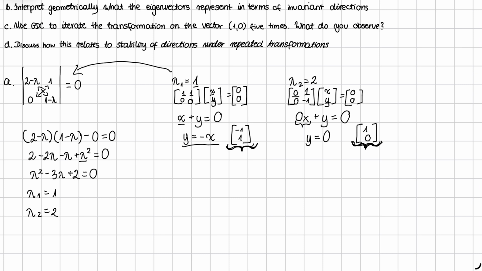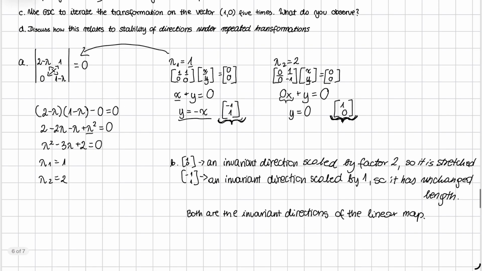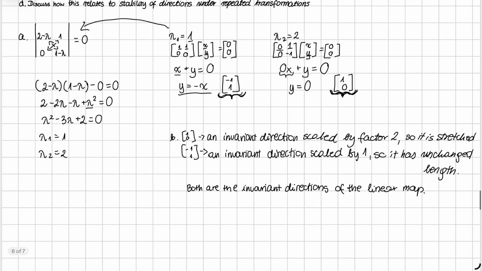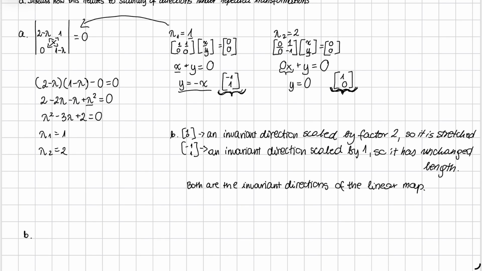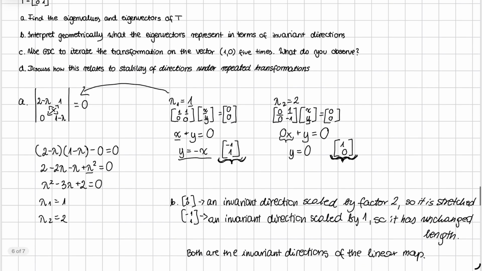So we can write down something like this. C. Use GDC to iterate the transformation on the vector 1, 0, 5 times. What do you observe? So in here, we have to just write down, firstly, our transformation matrix to the power of 5, because we have to iterate the transformation on the vector 5 times.